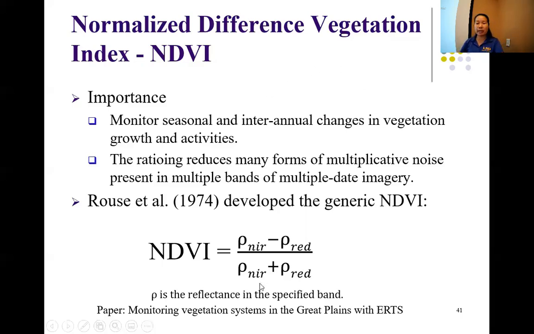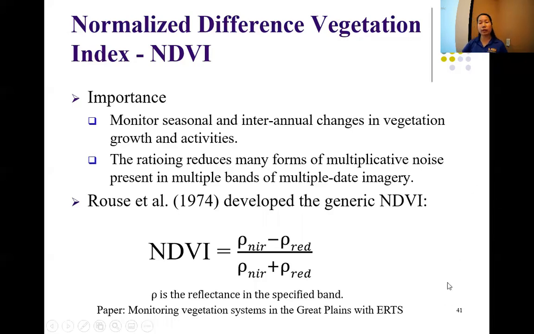So if you have atmospheric effect, for example, in the image, you would expect that it may exist in the near infrared band and may also have some effect in the red band. So you have the upper part divided by the lower part. Hopefully this way of dividing can, in a certain way, cancel that effect from the atmospheric impact.